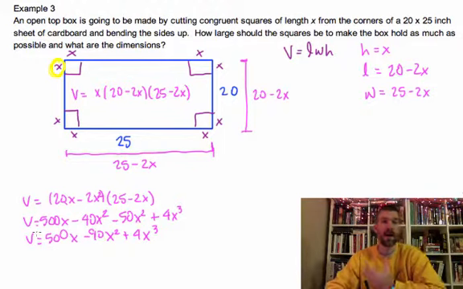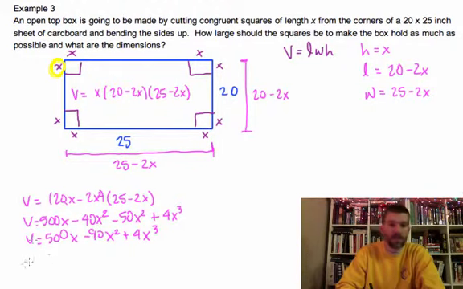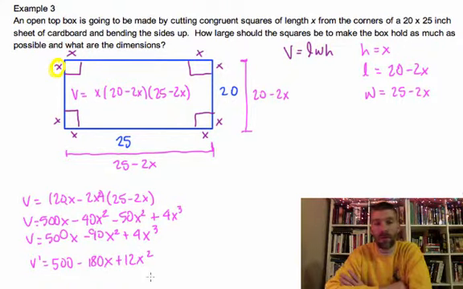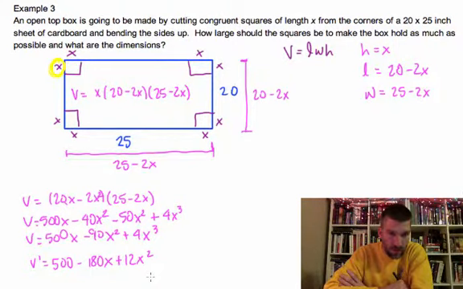And in order to find the max volume of this thing, I need to now find the derivative. So 500 then minus 180x plus 12x squared. So what I would recommend on this, it doesn't look like it's going to be anything that would factor.